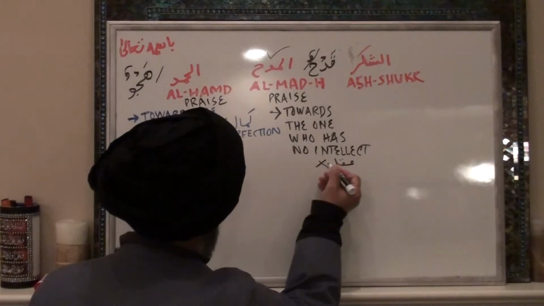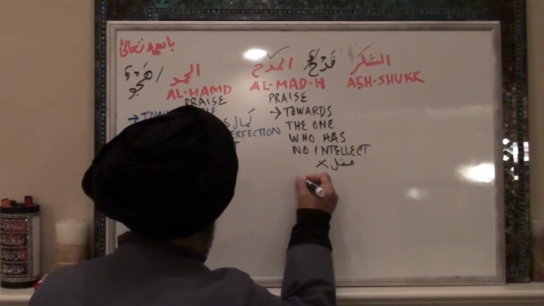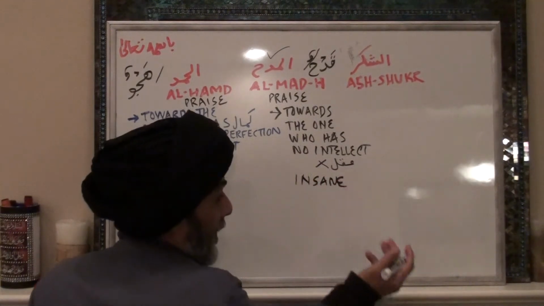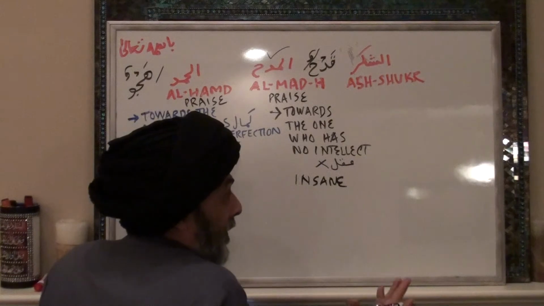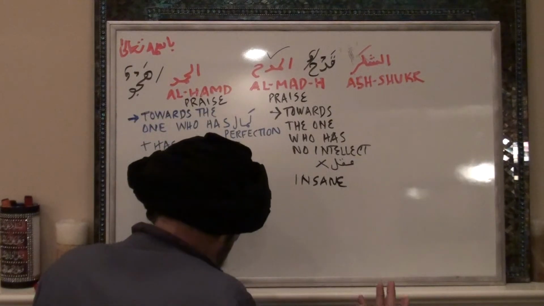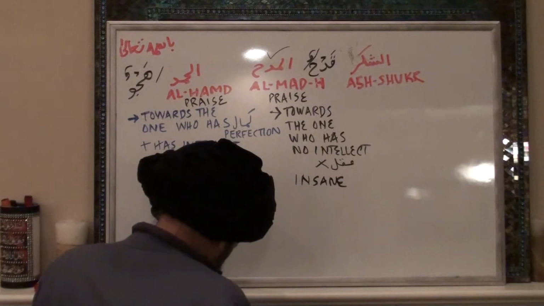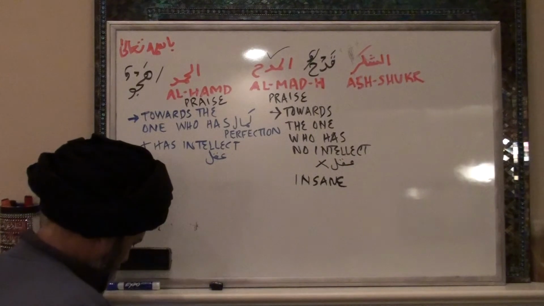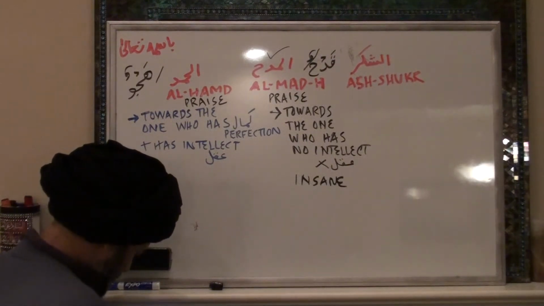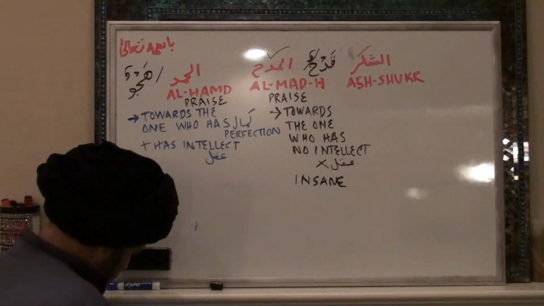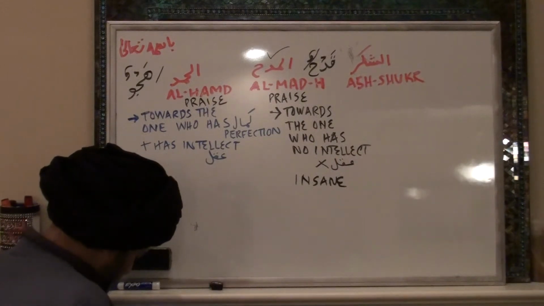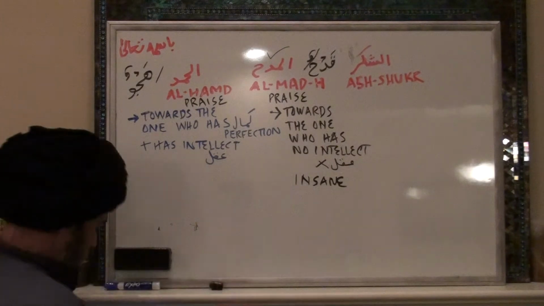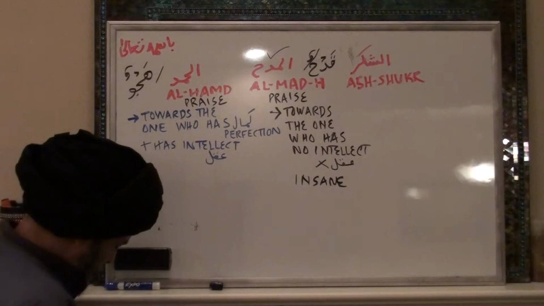Praise can be done towards somebody who is maybe insane, totally without aql and without intellect. You know, that is possible. Or those who are non-intellectuals, those who don't have intellects, they are all maybe subject to madh, this type of praise.